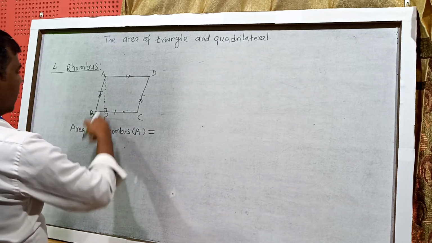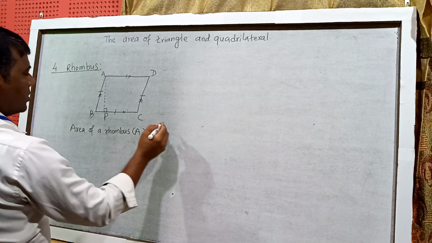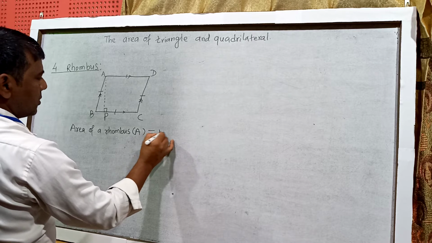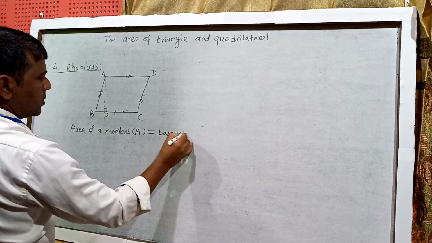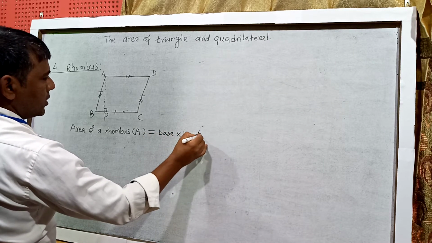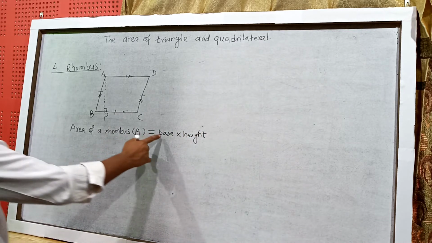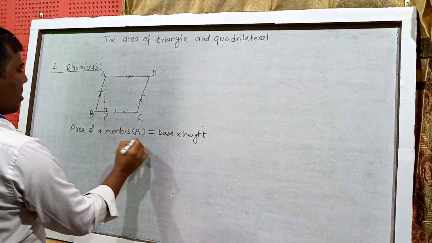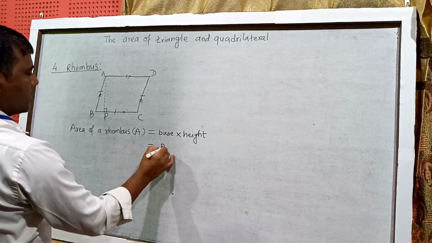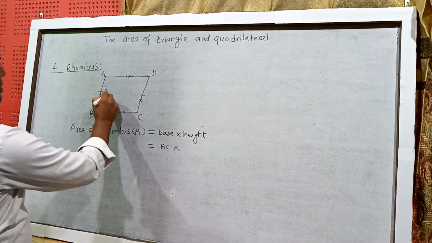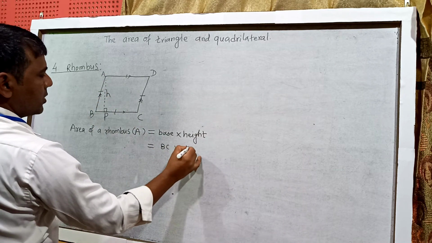So area of a rhombus A equals base into height. It is a parallelogram, so its area is base into height. In this rhombus, area equals base BC into height AP. So BC into AP.